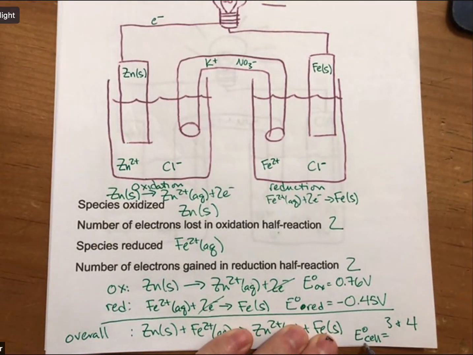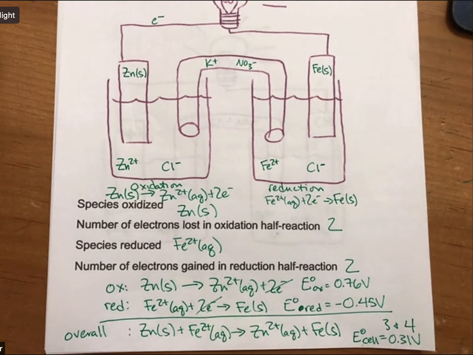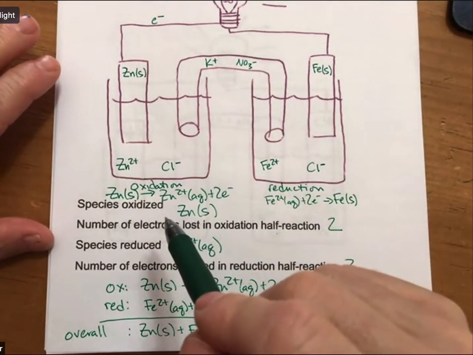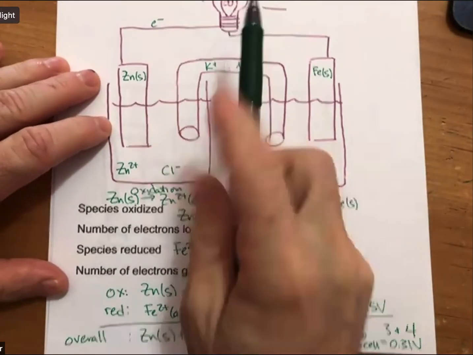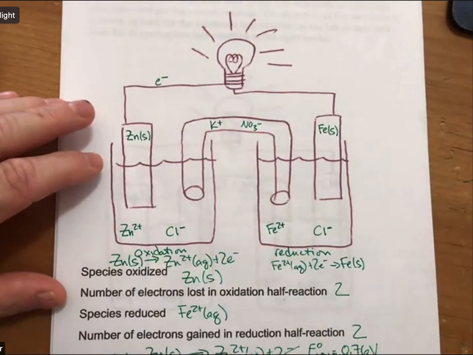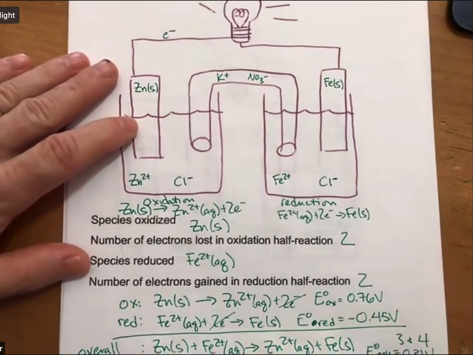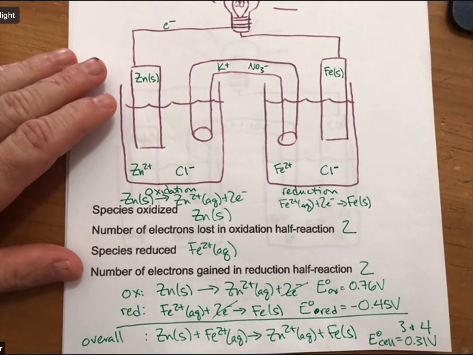And we'll call this our cell potential of 0.31 volts. And we call it our cell potential because the entire thing is called a voltaic cell. And it is the entire thing that is needed to try and power a light bulb. Although with 0.31 volts, it would have to be a pretty tiny light bulb, since most light bulbs require more volts.